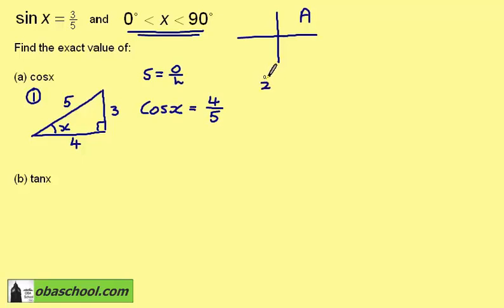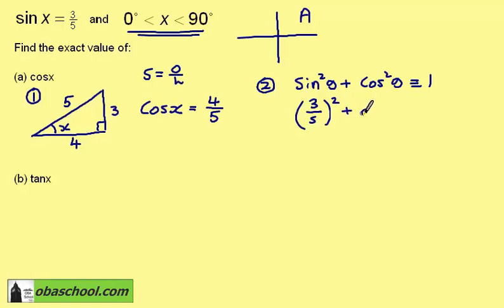An alternative way of doing this is to use the identity sine squared theta plus cos squared theta is the same as 1. We're given the sine is 3/5, so sine squared theta would be 3/5 squared, then we'd have plus cos squared is the same as 1.